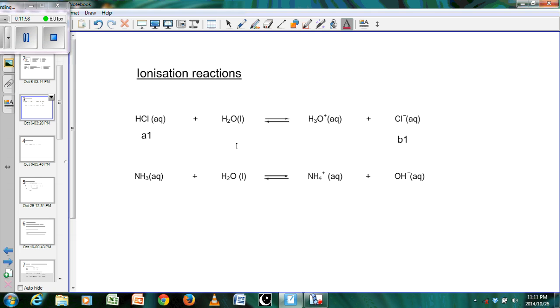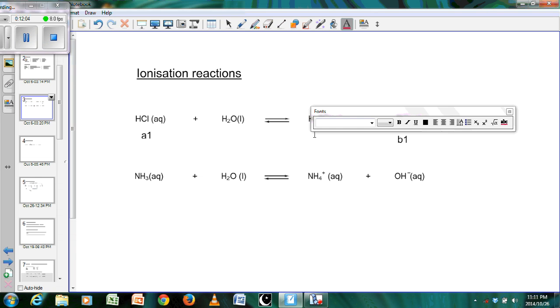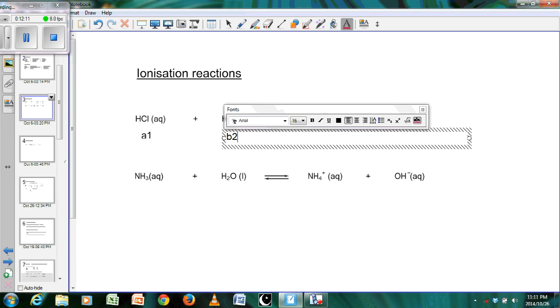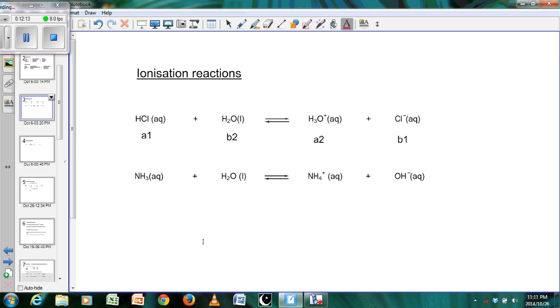And if you look at this other example, we'll see that H2O and H3O plus look similar, and the H3O plus has extra H, so this will be your acid 2, and H2O will be your base 2. So there we've got our acid-base conjugate pairs.